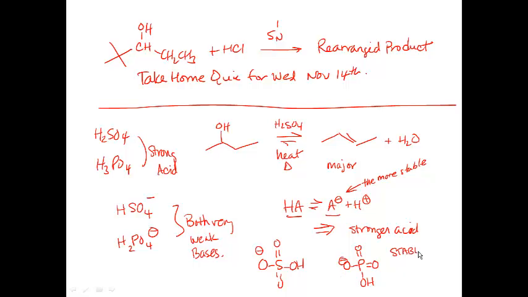Well, if you said they're stable because they have lots of resonance structures, you'd be correct. So these form very stable anions because they have lots of resonance structures. The more stable they are, then, the more they're going to push the equilibrium to the right, and therefore the stronger the conjugate acid, the weaker the conjugate base.